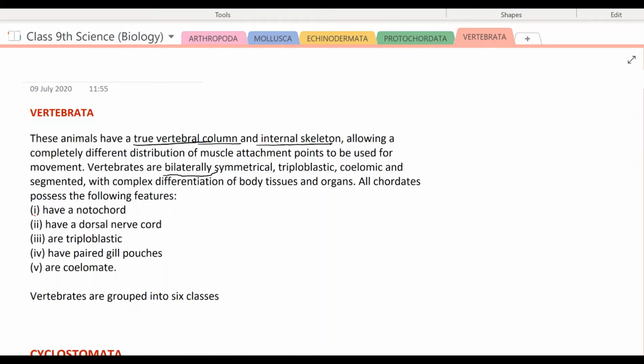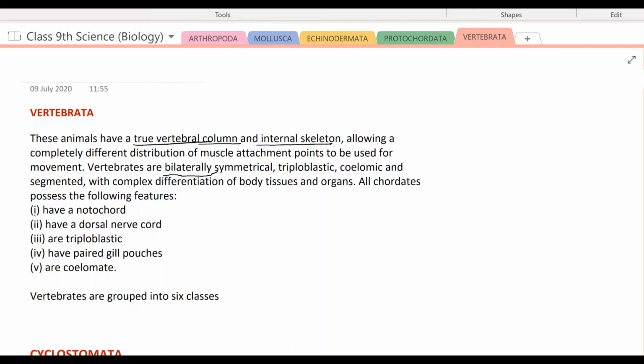Coelomic means a coelom cavity is present, and segmented means the body is segmented on the inner side. Just like in your body there are different systems present and all are separated from each other. This is the characteristic feature of segmentation.